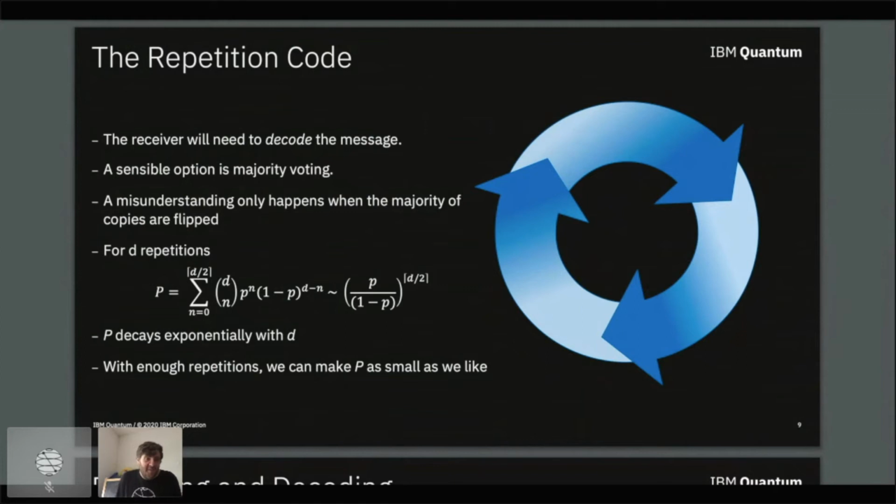In this case, a misunderstanding will only happen when the majority of the copies are flipped, which is possible, but unlikely. So if instead of yes, you say yes, yes, yes, and there's some probability of 1/10 that one of those words gets messed up, then the probability that one of those words gets messed up is on the order of 1/10.